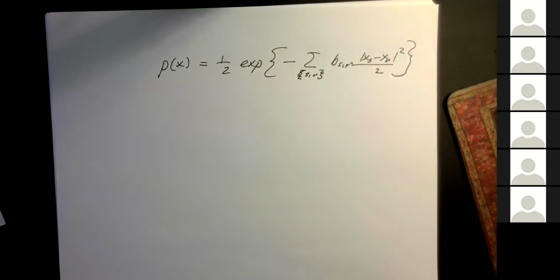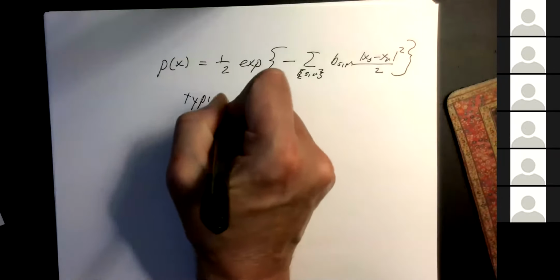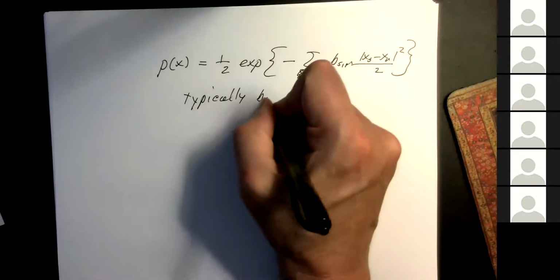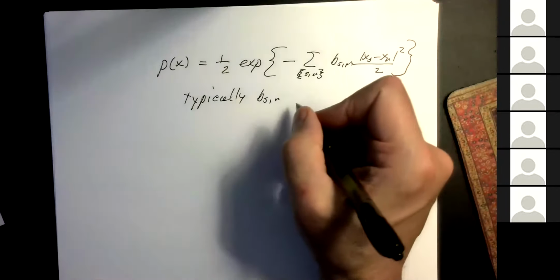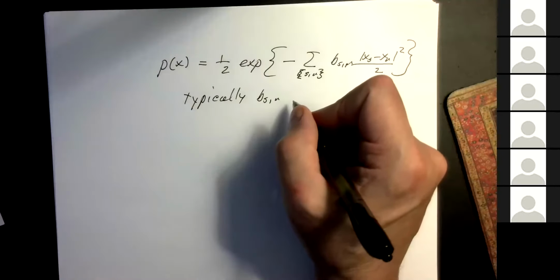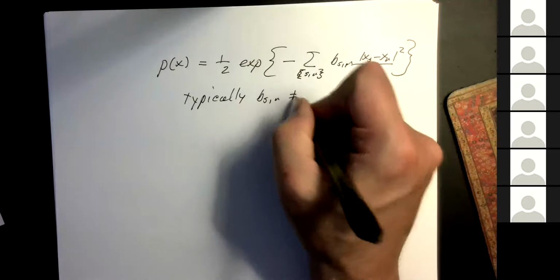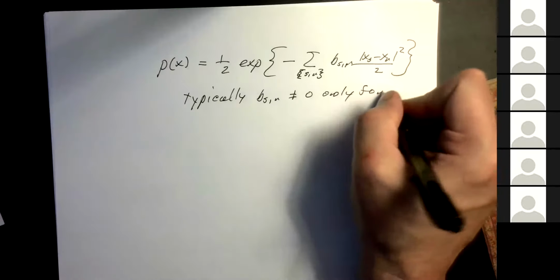Okay, so that's the general form. The idea here is that in a typical case, the B_SR is not equal to 0 only for neighbors.